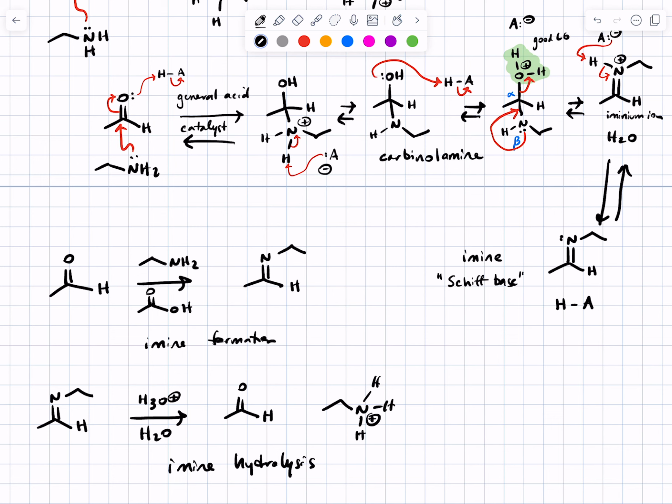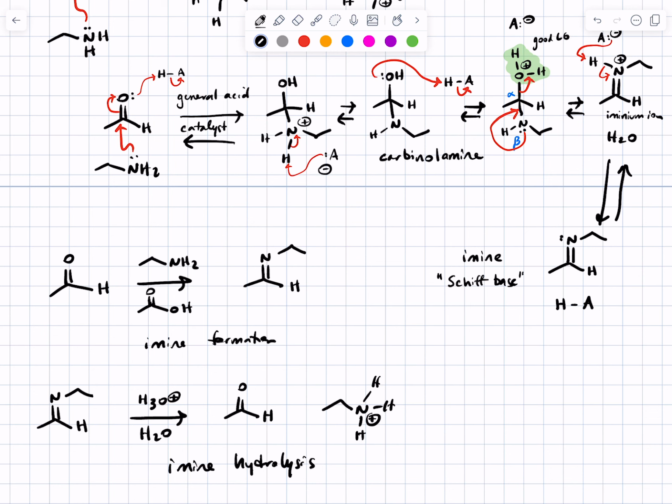So you've really just learned two reactions in one. You have imine formation, you have imine hydrolysis. Now when a reaction's in equilibrium like this, the question that often gets asked is, how do I get it to go the way I want it to go? And the answer is, you've got to know what you're doing. And one of the things you can use is Le Chatelier's principle.